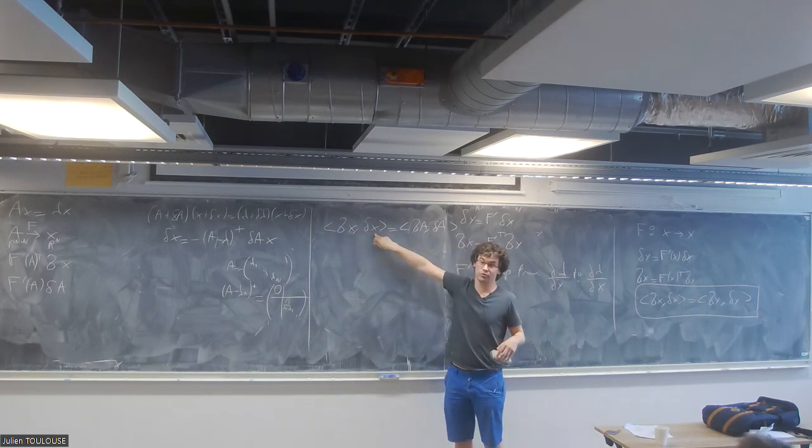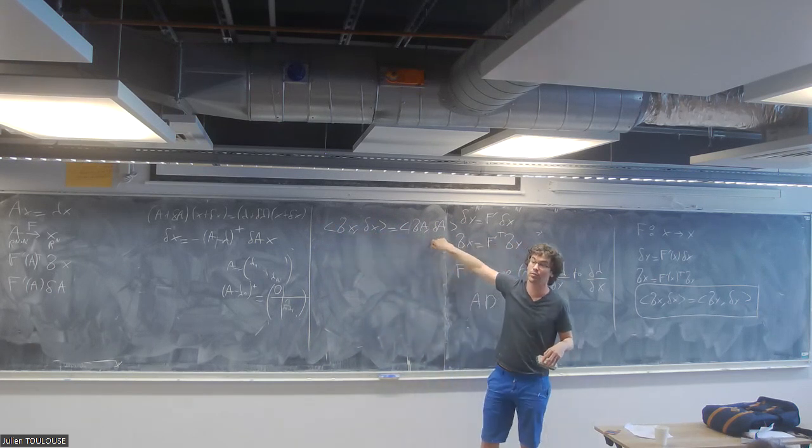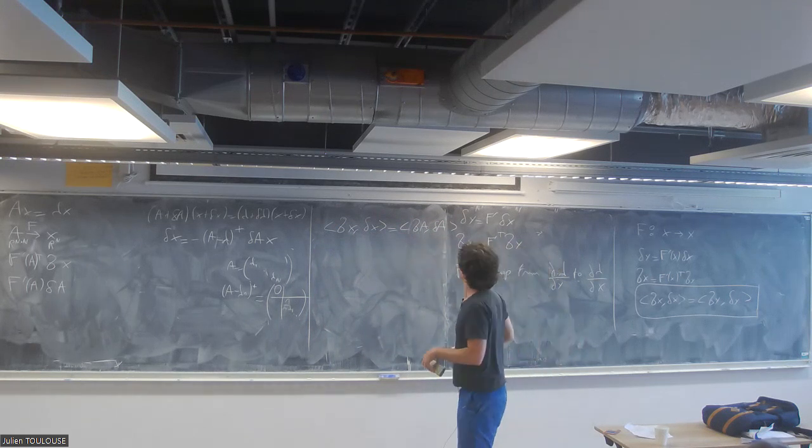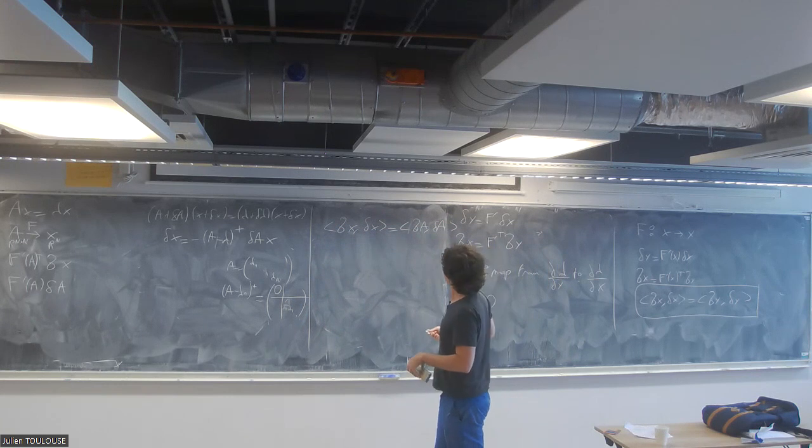This is the inner product for vectors, and this is the inner product for matrices, so the trace of A transpose B.